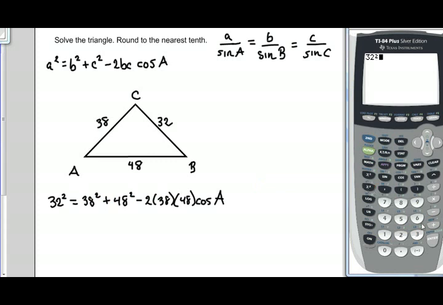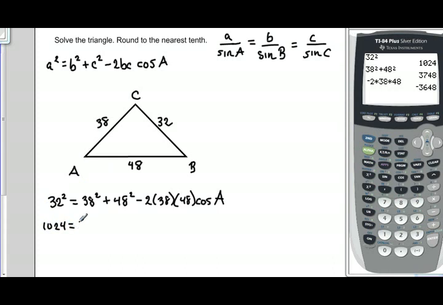So 32 squared. All right, 38 squared plus 48 squared, that's 3748. And also, we're going to do the negative 2 times 38 times 48, and we get negative 3,648.